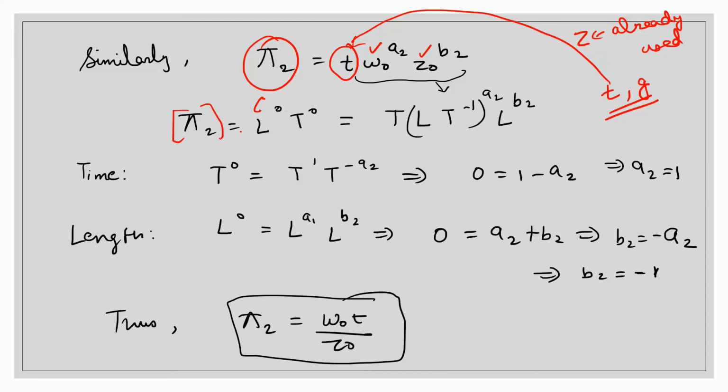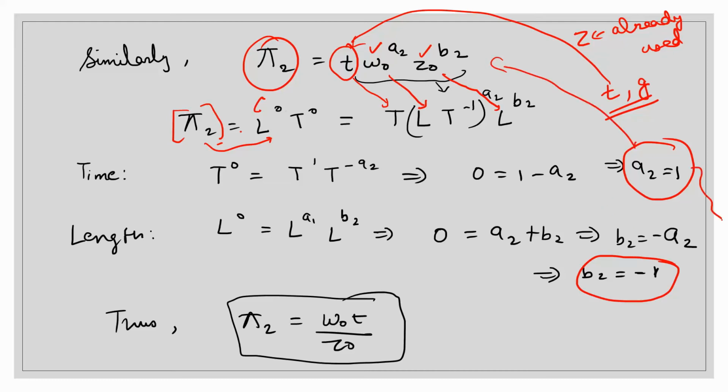Dimensions of pi2 is this, and then dimension of t is capital T, dimension of w naught is this, dimension of z naught is this. If you again equate the exponents, you will get a2 as 1 and b2 as -1. Now you put the values of a2 and b2 over here, and finally you will get your second dimensionless group.